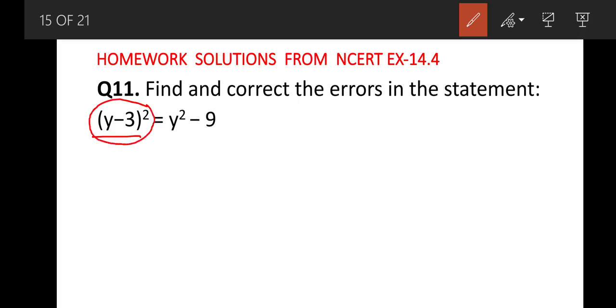This is not the way to take the square of this term. We need to apply identity 2, where a is y and b is 3. We will apply the (a − b)² identity on the left-hand side, and we will find that this is not equal to y² − 9.